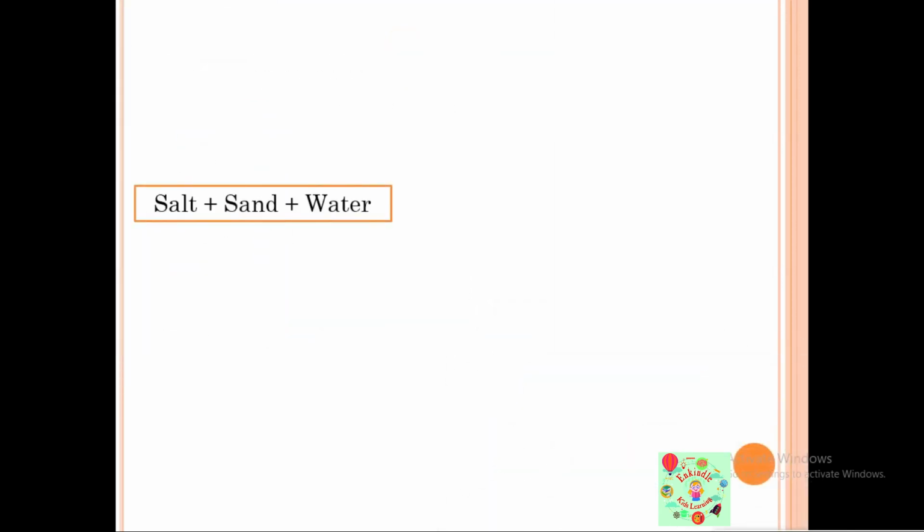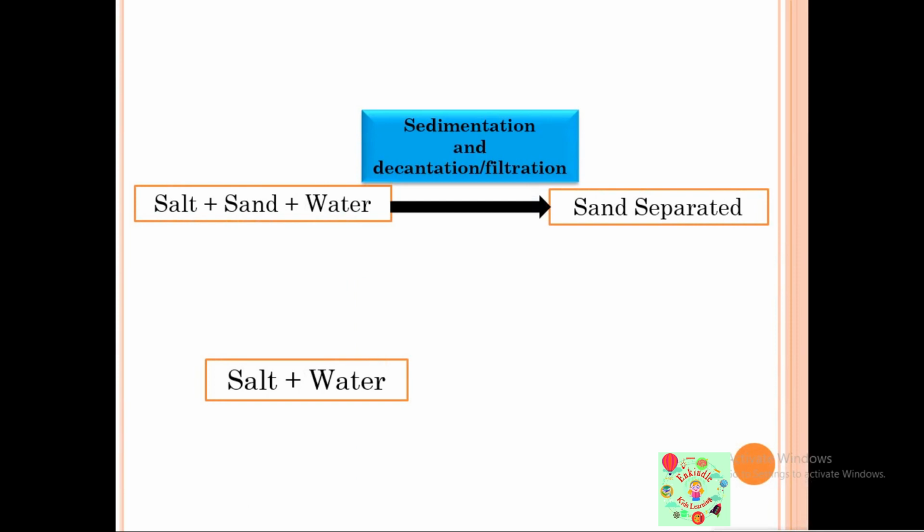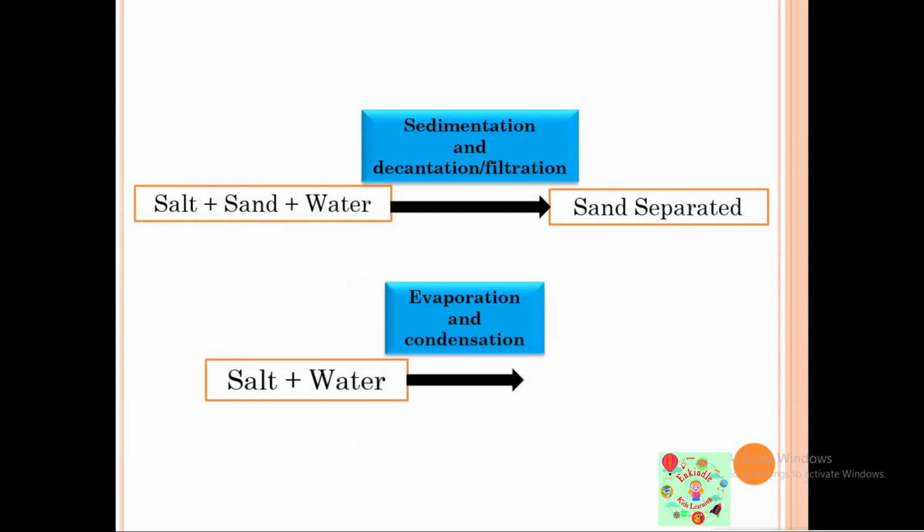That is, first, the salt, sand and water by the process of sedimentation and filtration or decantation, we got sand separated. Then what was left behind? Salt and water. Now, which process did we use to separate the salt and water? Yes, evaporation and condensation. By using these two methods, we separated salt from water.